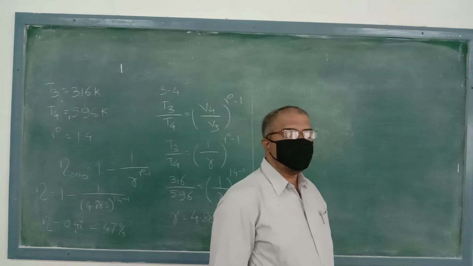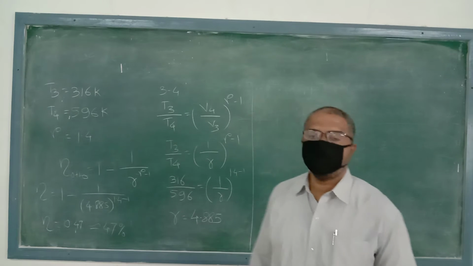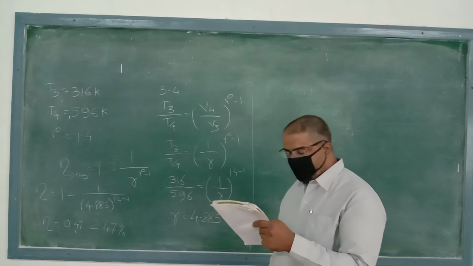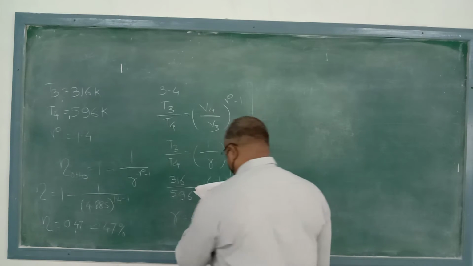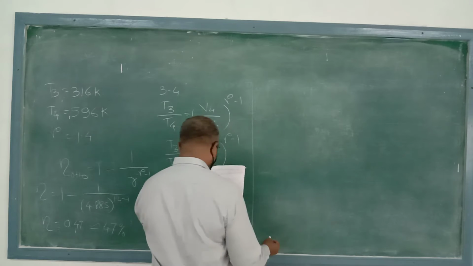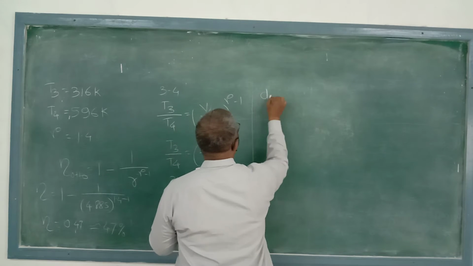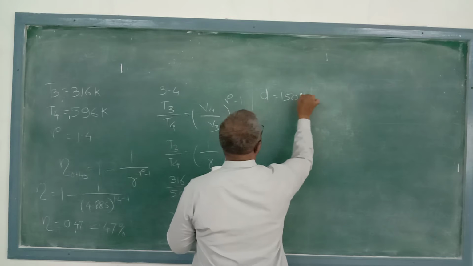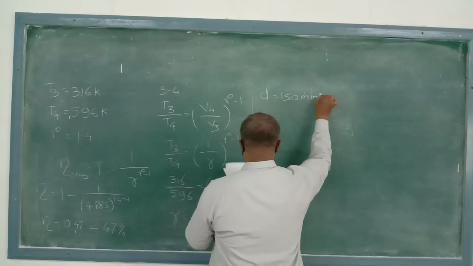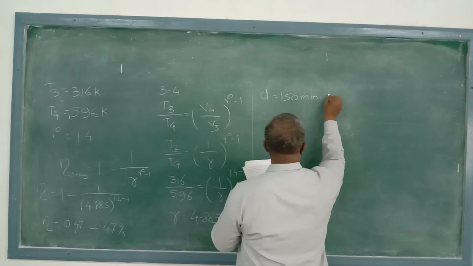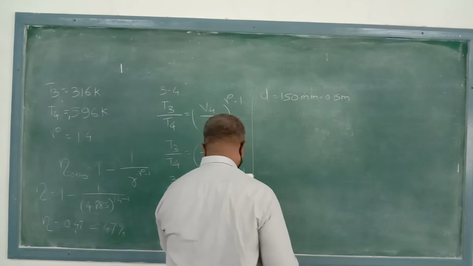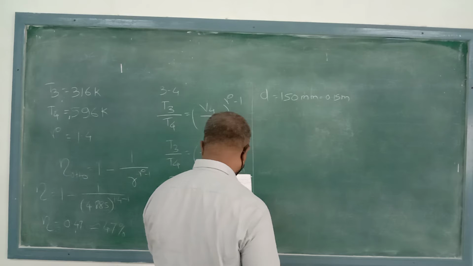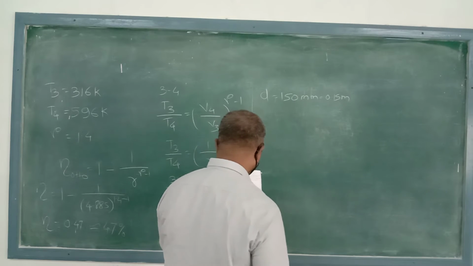Now in this problem, first of all we are going to note down the things whichever they have mentioned. The engine working on Otto cycle has cylinder diameter, they have given 150 mm. So we are converting it into meter. Next they have given stroke of 225 mm.